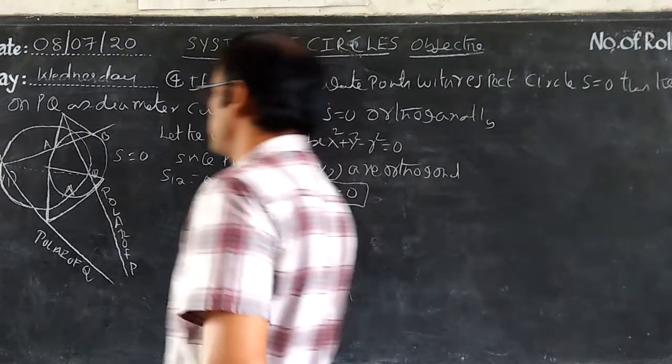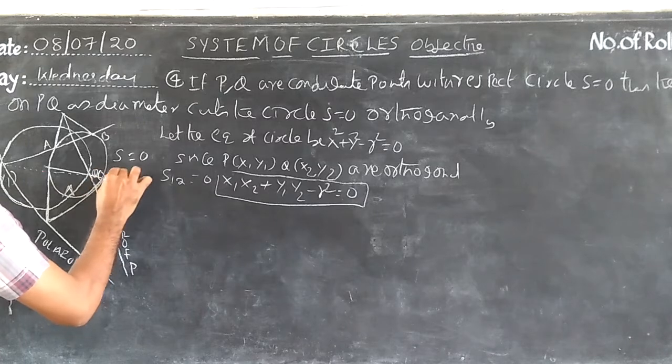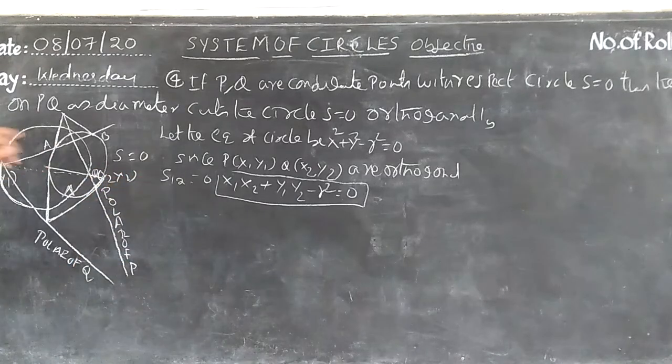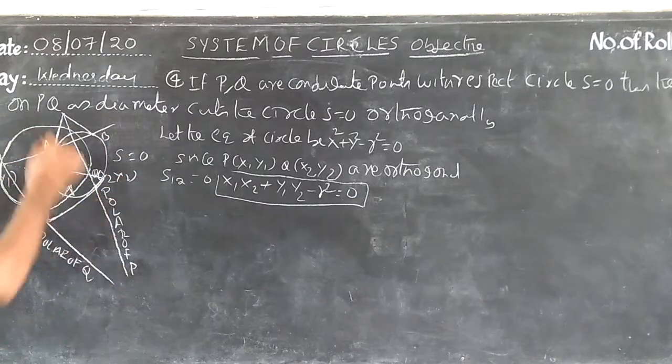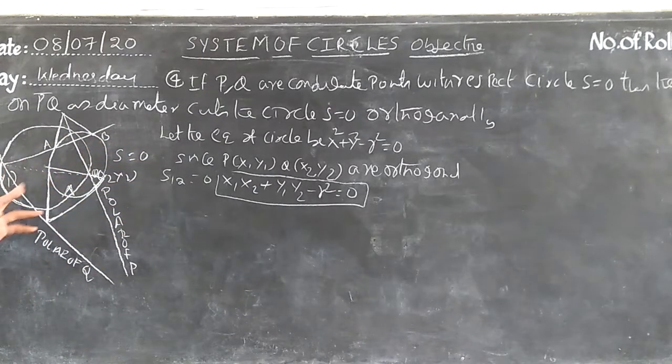Now what is happening here? For Q(x2, y2), we are going to discuss that. The circle having PQ as diameter should cut the given circle S equal to 0 in an orthogonal way.